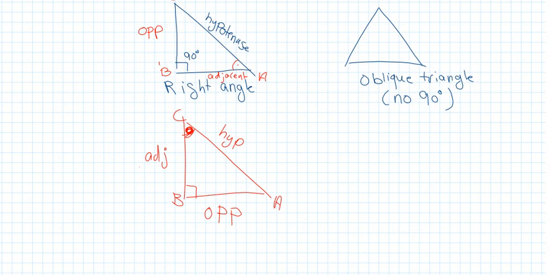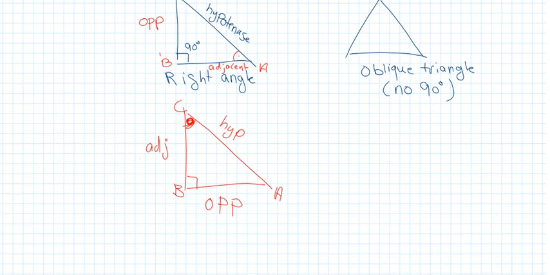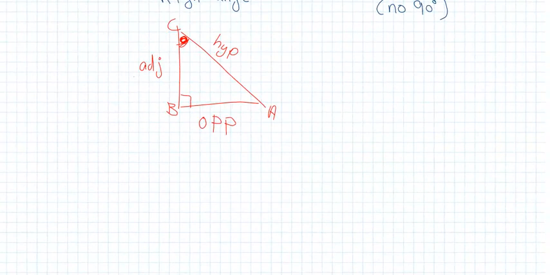Have you heard of SOHCAHTOA before? So these are your primary trig ratios. Okay? The name for them, they're called primary trig ratios, and the acronym for it is SOHCAHTOA. SOHCAHTOA are the ratios that we use to solve for the triangle.